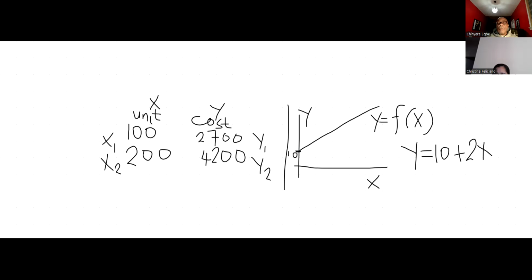So since y is equal to 10 plus 2x, when x is 1, y becomes 10 plus 2 times 1.